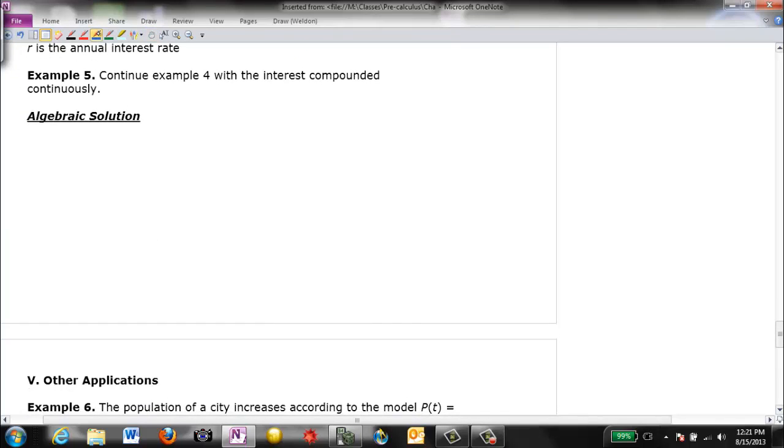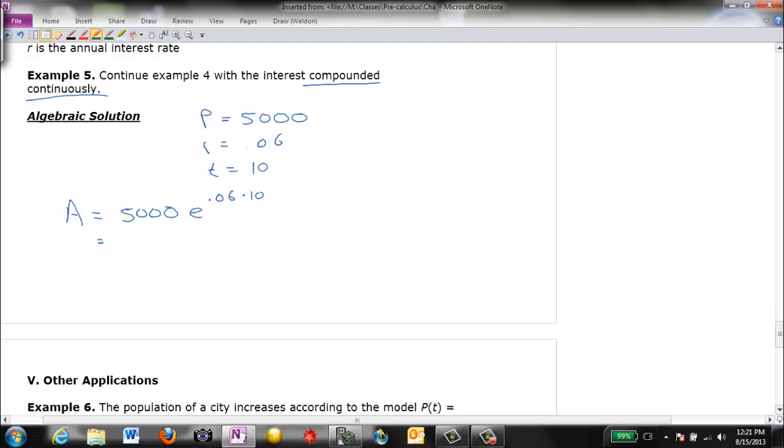If you recall back in example 4, we had a principal investment of $5,000 with an interest rate of 0.06, and we're investing for 10 years. Now instead we're compounding continuously, so there's no more n. Instead, A is going to equal 5,000 times e raised to the 0.06 times 10, rt.